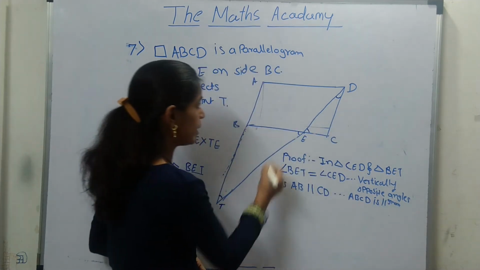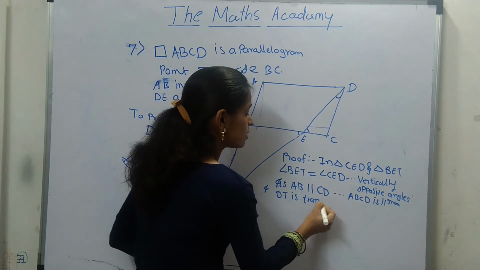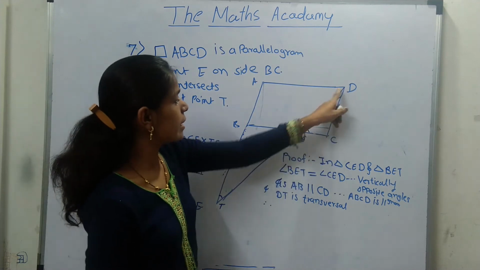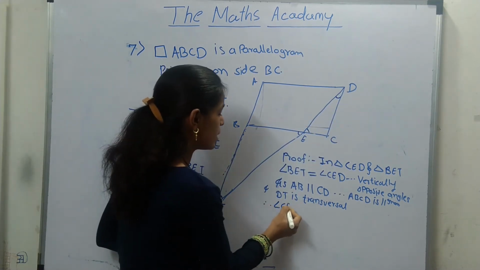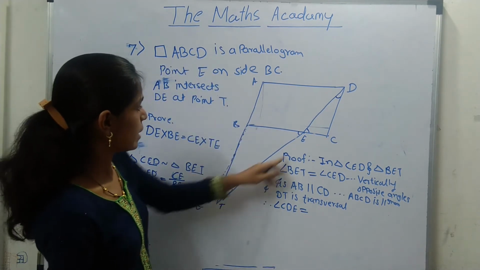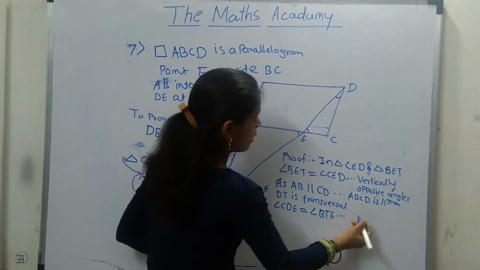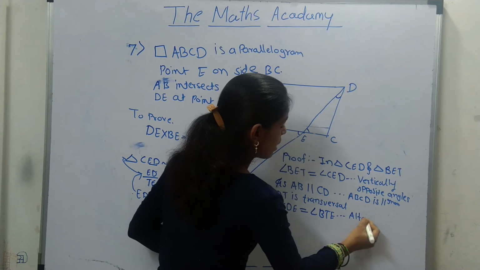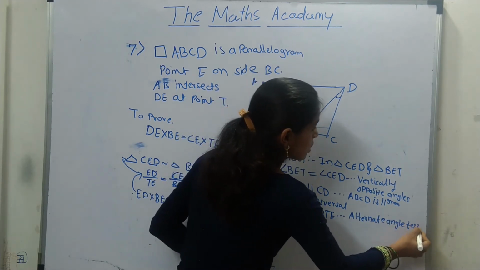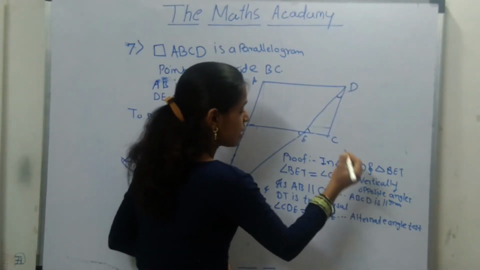And DT is a transversal. Therefore, angle CDE is equal to angle BTE, by alternate angle test. So this is the first result, and this is the second result.